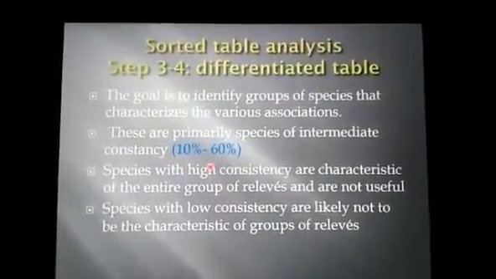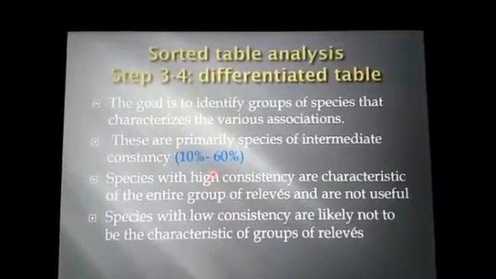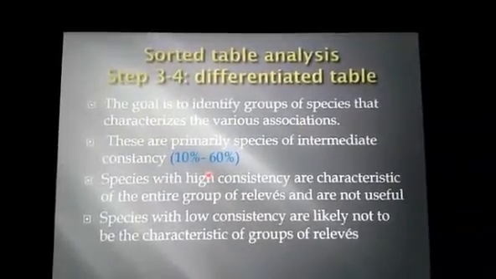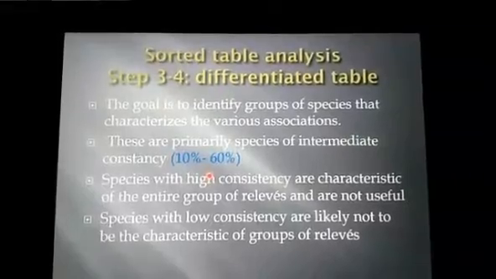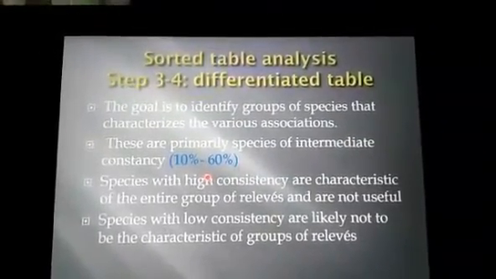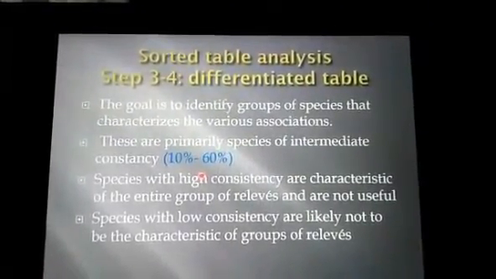And then the social table analysis, steps 3 and 4, is the differential table. So the goal is just to identify the groups of species that characterize the various associations.